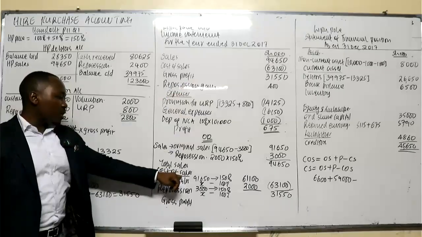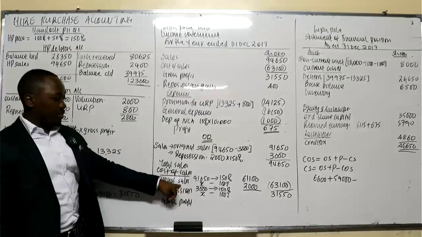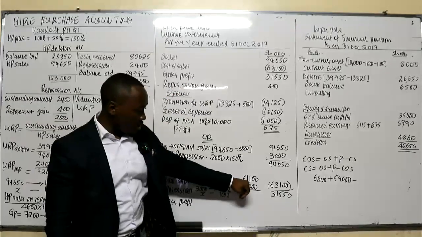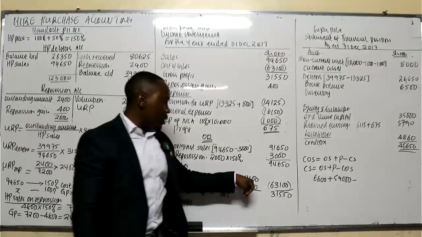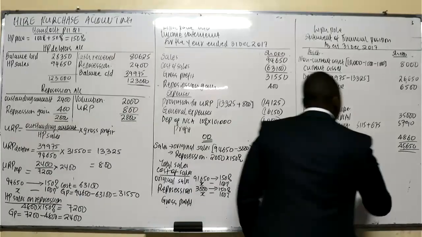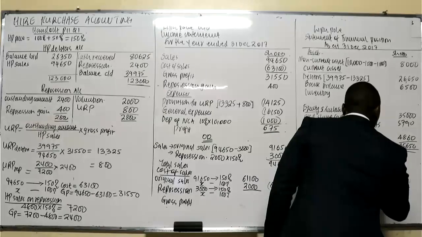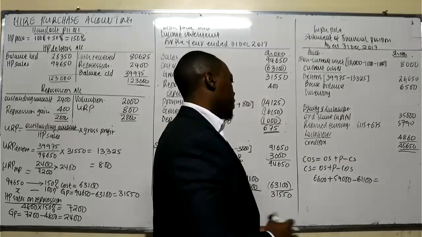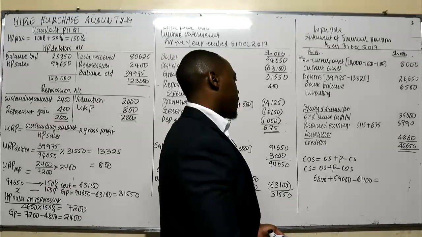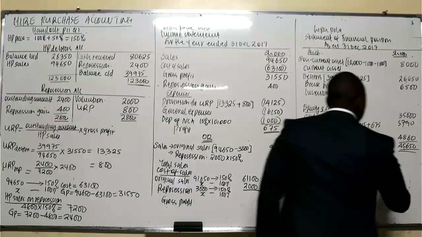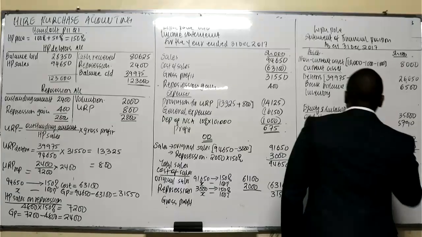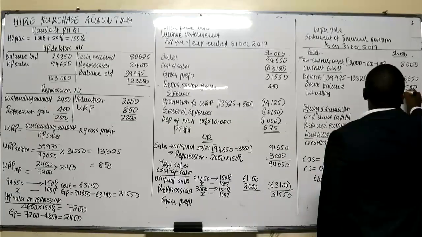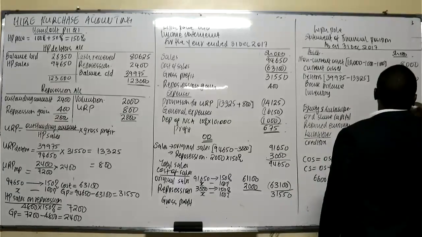Or you take the cost of sales of the original sales, which excludes this 2,000, an amount of 61,100. How much is that? 4,500. So that means our closing inventory was 4,500.